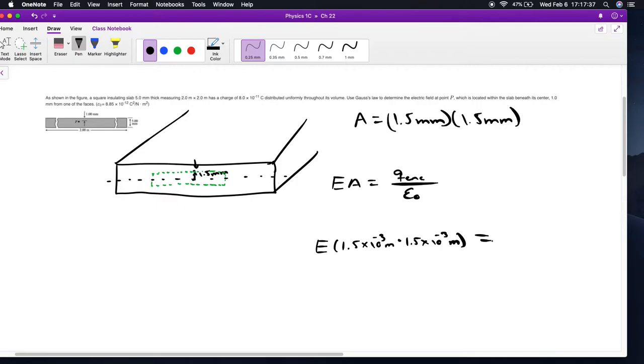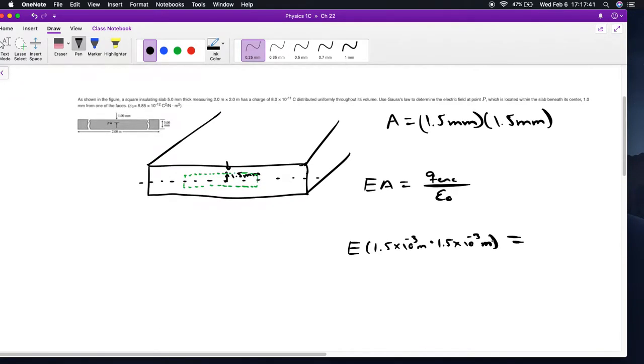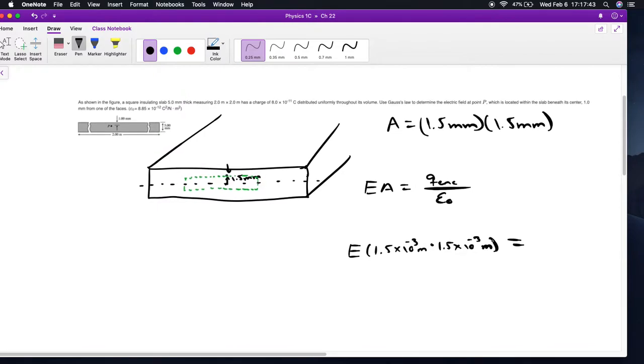Since we're dealing with an insulator here, the Q enclosed is going to be the ratio of the volumes between the total volume of the slab versus just the volume of our Gaussian surface. And because our Gaussian surface is pretty much just a cube, it's going to have the volume that we used.